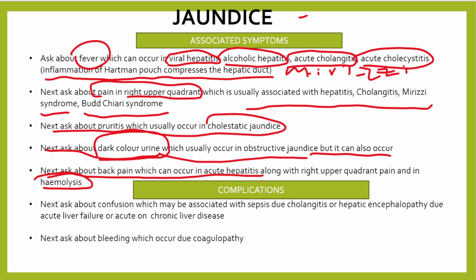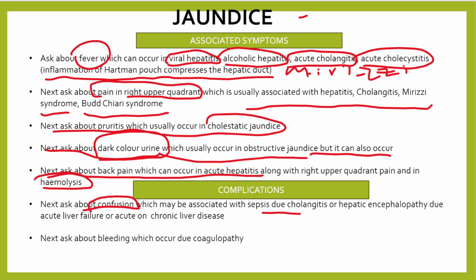Then the complications of the problem. If it is a liver problem leading to jaundice, the patient may present with confusion. Confusion has two causes relating to the hepatobiliary system.